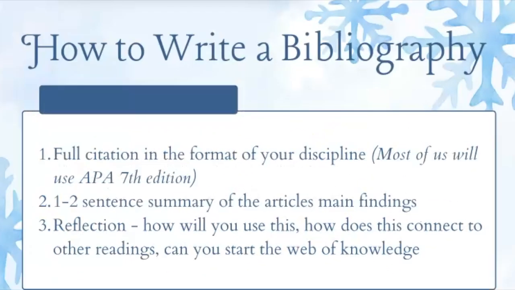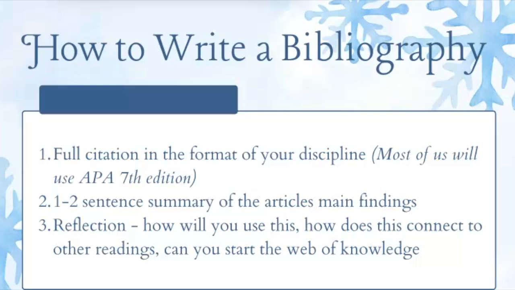Now that we know what a peer-reviewed article is and how to find peer-reviewed articles, we are now ready to write our bibliography. So how we would write a bibliography is to first put the full citation in APA for the most part. We'll go at the top, and then you're going to write a 1 to 2 sentence summary of the article's main findings, and then some sort of reflection.